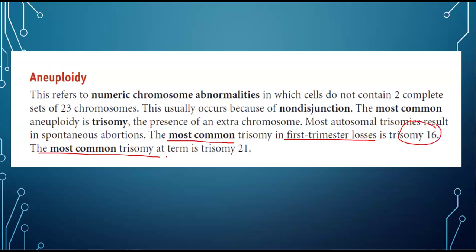And the most common trisomy at term is trisomy 21, or Down syndrome. These are the important things. They can always ask what is the most common chromosomal abnormality in a child. At term, meaning when a child is usually born, the most common trisomy is trisomy 21. And if they ask what is the most common trisomy for first trimester pregnancy loss, that will be trisomy 16.